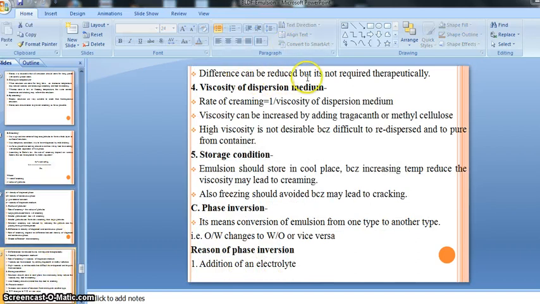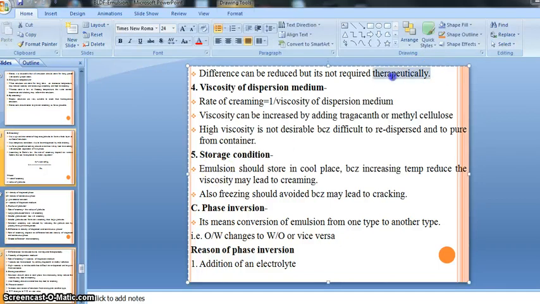So the difference can be reduced but it is not required therapeutically, right? There is a statement that we can minimize the creaming by lowering the difference of density of our two phases, right? But this difference is not very crucial for us because it is not required therapeutically. It is not required therapeutically, meaning if we change that difference, there is no impact on the therapeutic effect of our preparation.